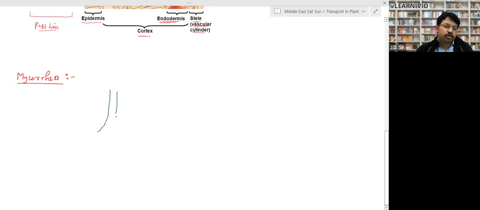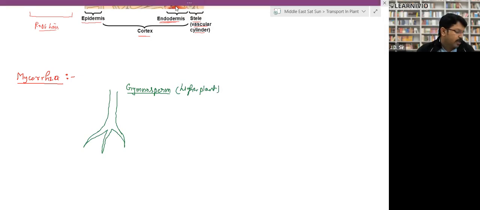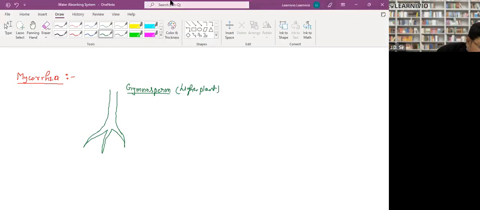Basically, in case of gymnosperm, the roots of gymnosperm are not that much stronger. Gymnosperm and angiosperm both are higher plants. The demerit with gymnosperm is that their roots are not that strong that they can withdraw water from anywhere. Angiosperms have very strong roots, but not gymnosperm.